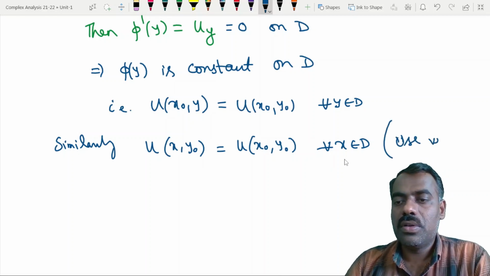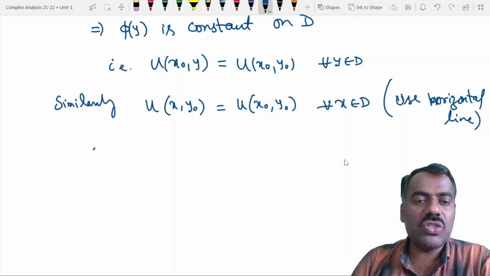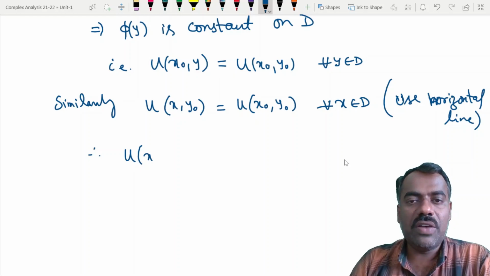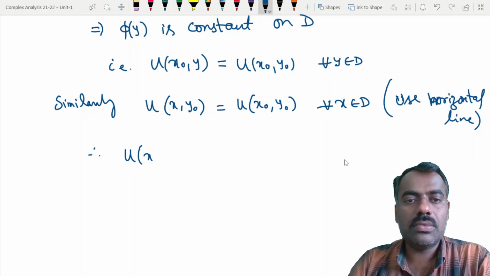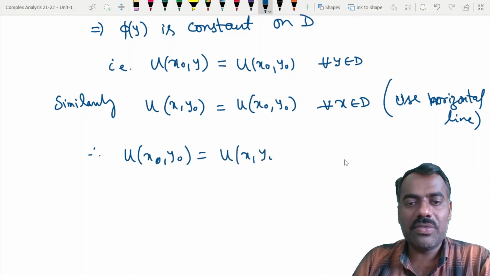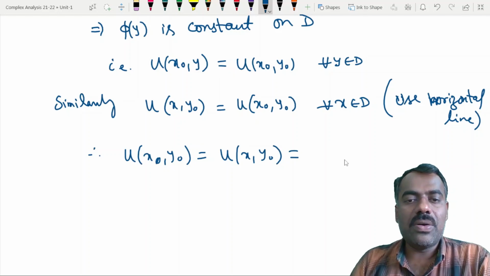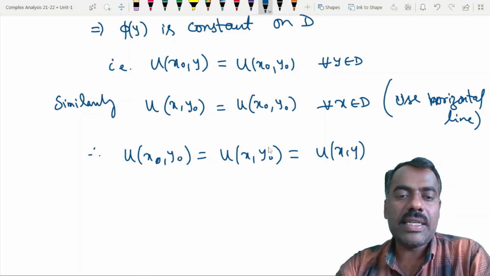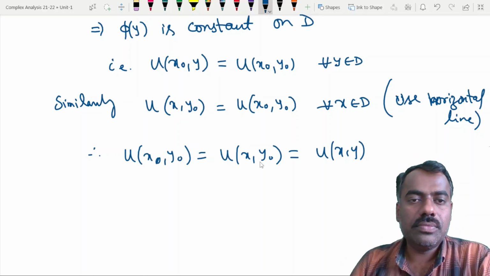We use the horizontal line this time. Therefore, if you combine these two, u of x naught comma y naught is the same as u of x comma y naught. But now this is the same as u of x comma y. Any problem?